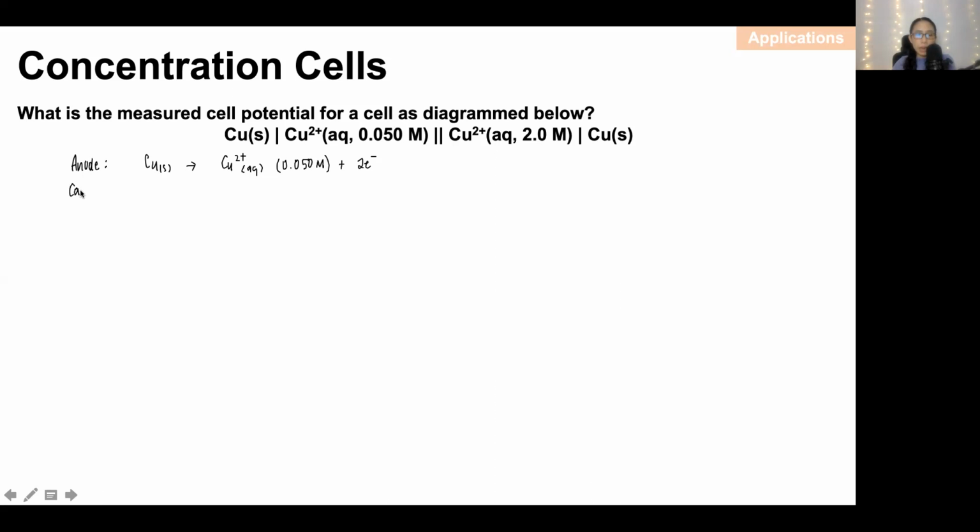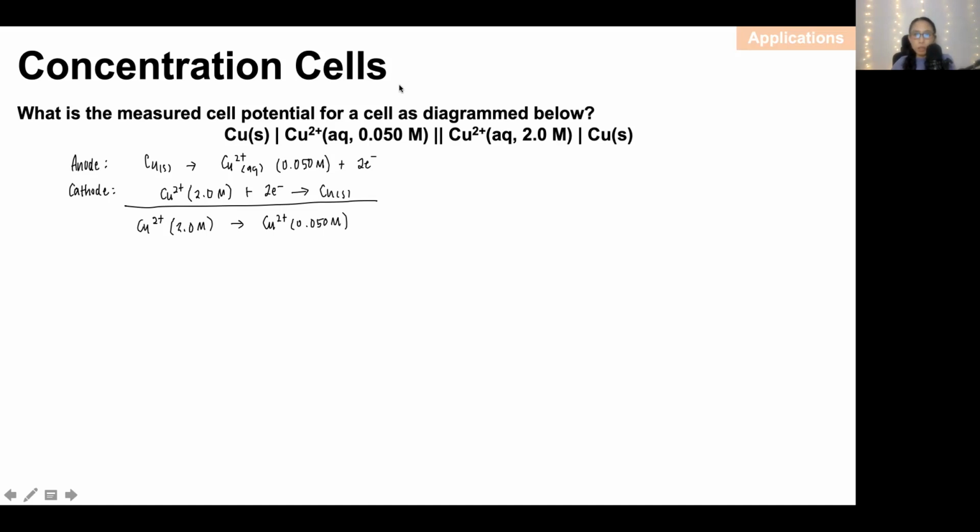And then in the cathode, you have copper 2 ions with a concentration of 2 molar, gaining 2 electrons, and the product is solid copper. So again, ang effect ay yung may mas mataas na concentration ang nasa reactant side natin and yung may mas mababang concentration ang nasa product side.